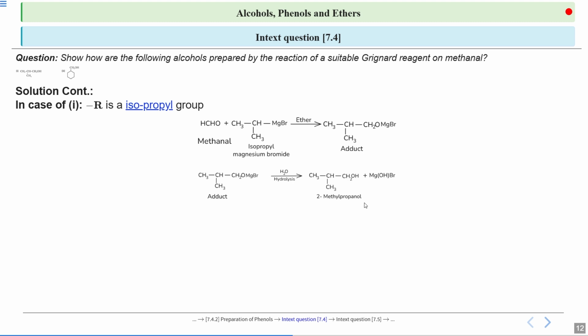On the first carbon the hydroxyl group is attached, and on the second carbon a methyl group is attached. So 2-methylpropanol. This was the first case, where R is an isopropyl group. So we got our alcohol from simple formaldehyde, and we are getting a primary alcohol only.